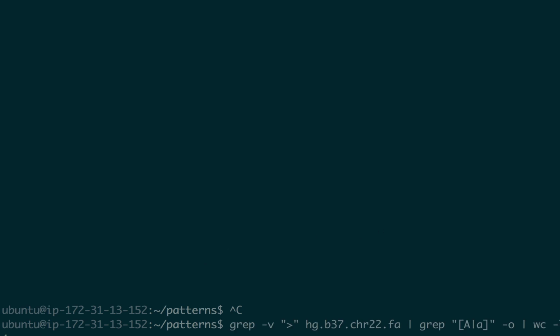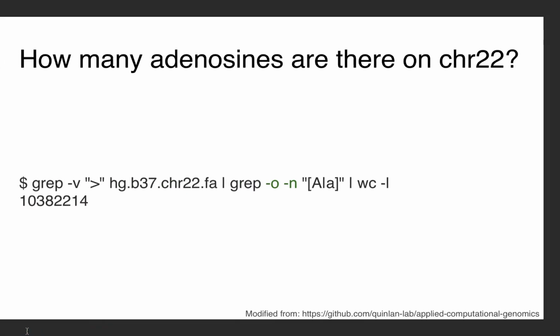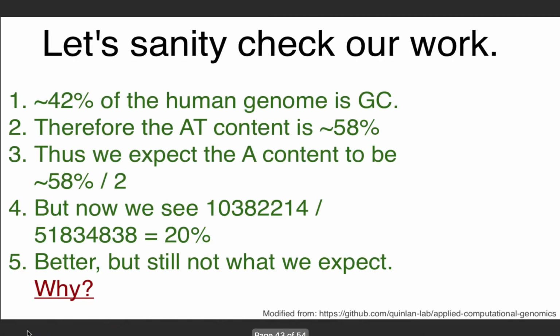And we want just the matches themselves, and we'll hit enter just to double check. Okay, that looks like that's working for us. And then we want to count the number of lines. Okay, so now we're getting around 10 million or so. Okay, so 10 million A's.